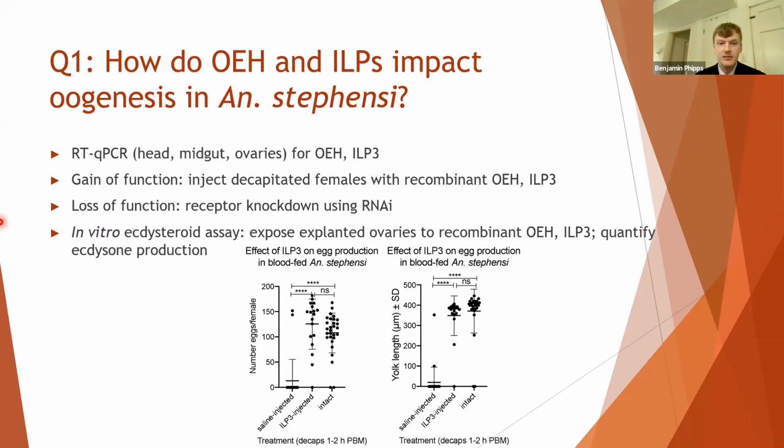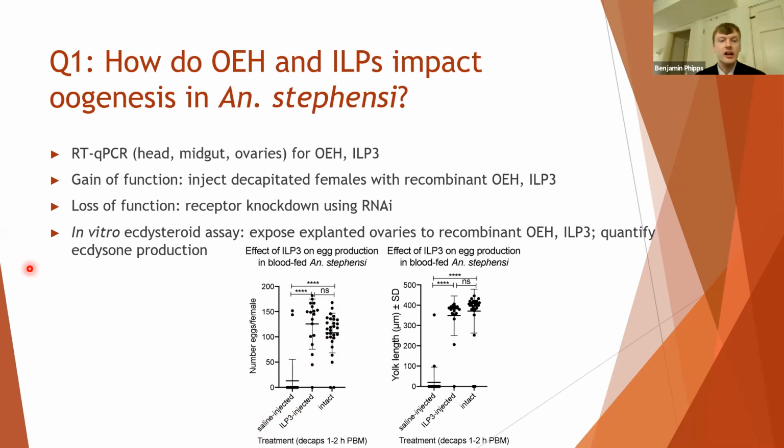However, I plan to rescue egg production by injecting decapitated females with recombinant OEH and ILP3. And so far, I've seen that injecting decapitated mosquitoes with ILP3 essentially completely rescues oogenesis as compared to intact mosquitoes.